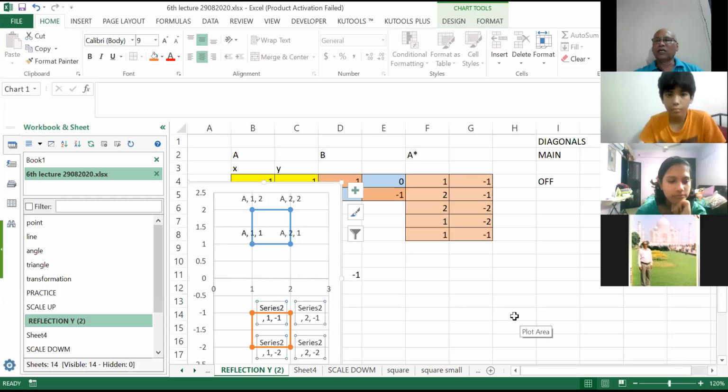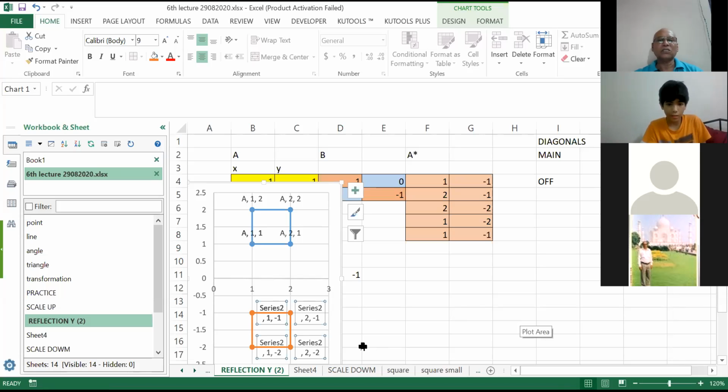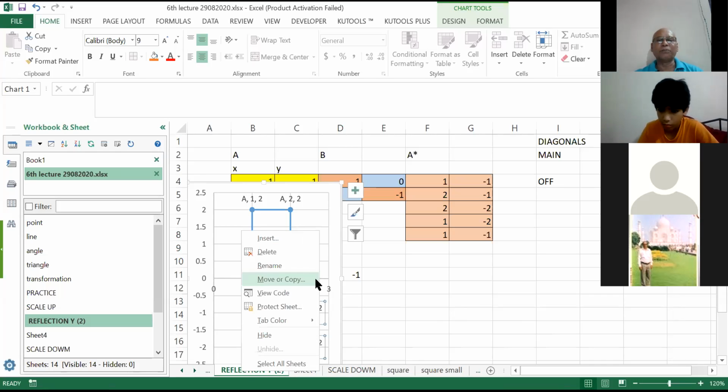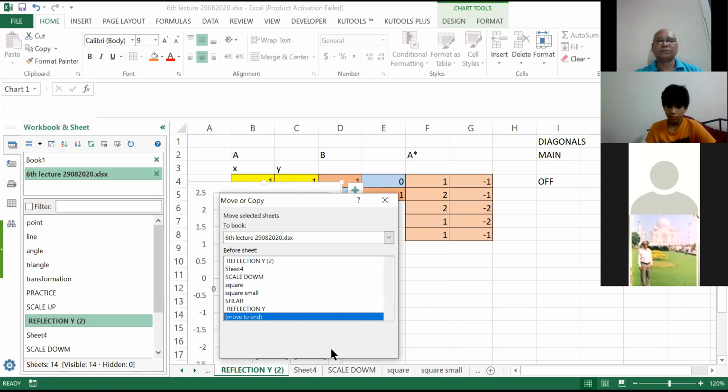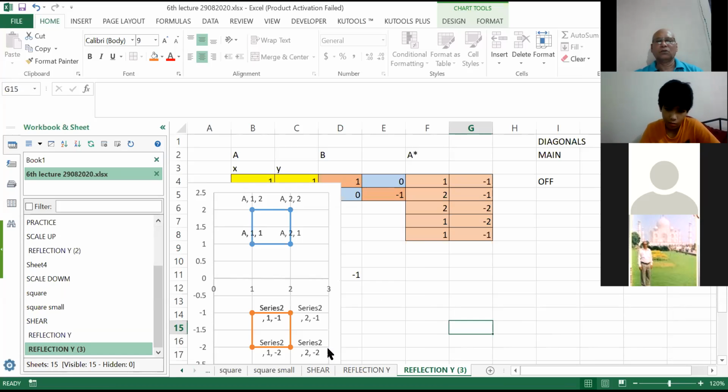So we are here, okay? Now what I will be doing, I will be taking this same worksheet and we'll copy it, and move it to the end.